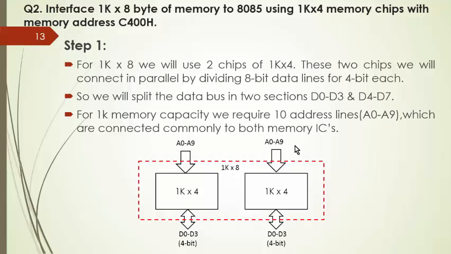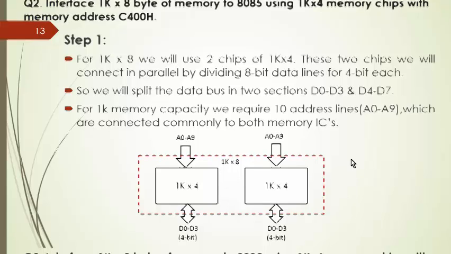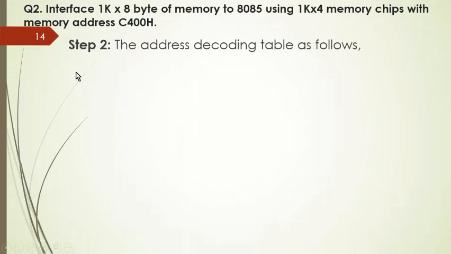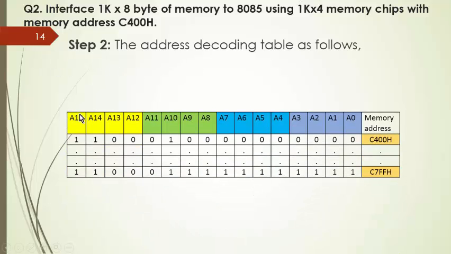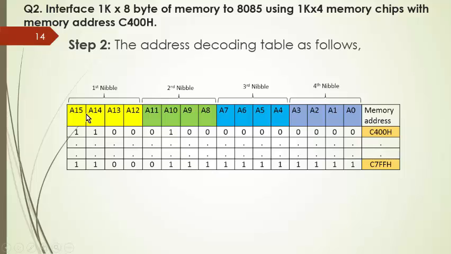Sorry, here it must be D4 to D7. So D0 to D3 with the first and D4 to D7 with the second memory IC. Depending on the 1 kilobyte memory capacity, the same address lines A0 to A9 we will connect in parallel to both memory ICs.